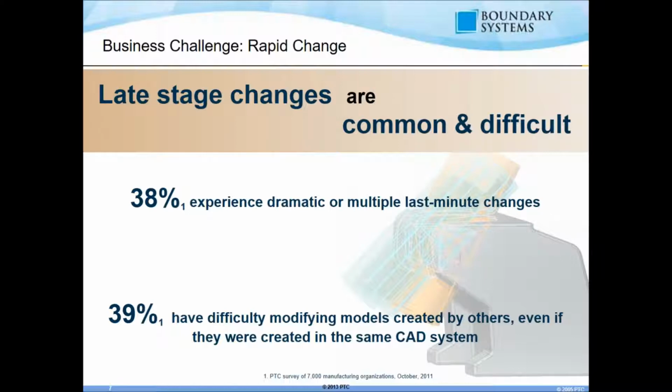Or you're running some tests and the tests don't come out to what you expect them to be, and you're against the clock to deliver a new design. And so you have to make some radical changes to your CAD model and then validate to make sure everything's working correctly, right? And so a lot of people have difficulty managing late stage design changes, and this is sometimes even on the same CAD system as well, or on different CAD data files.